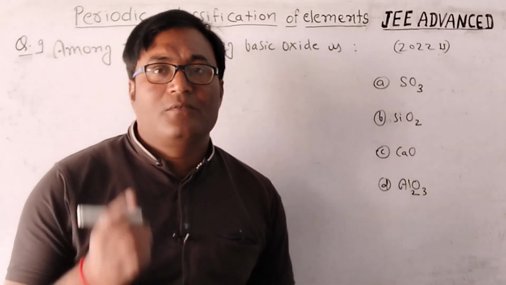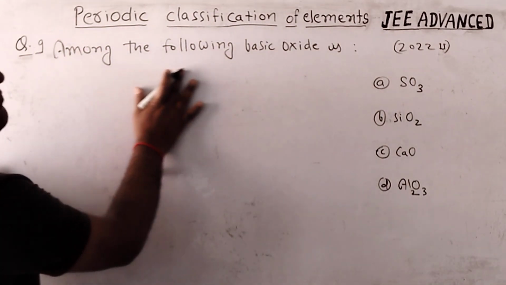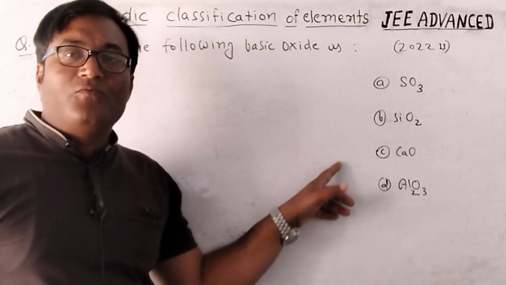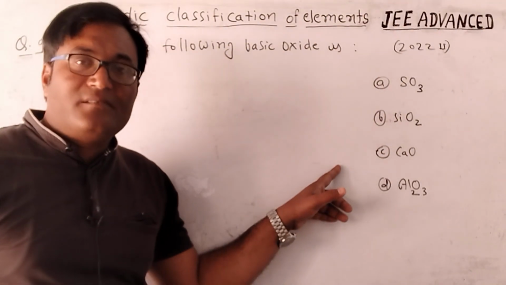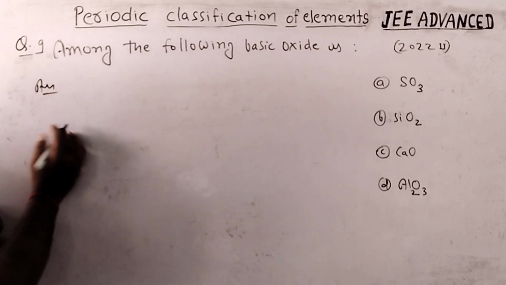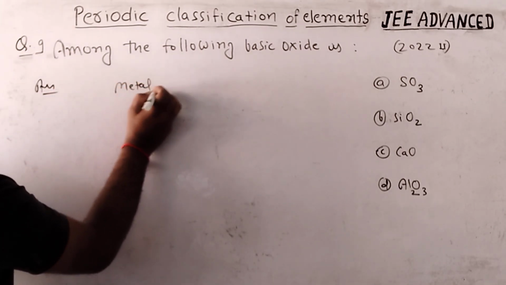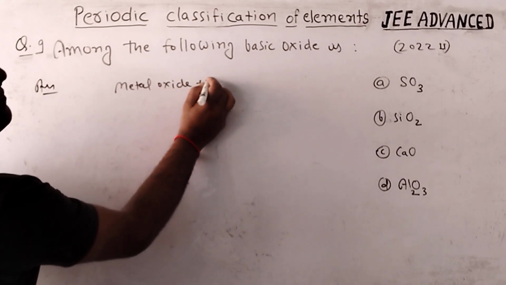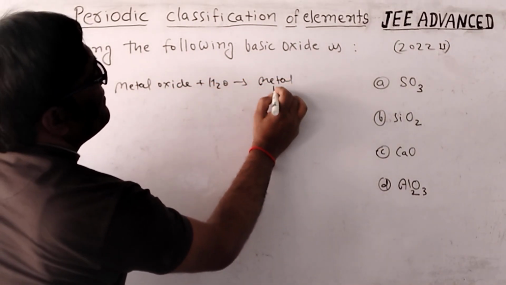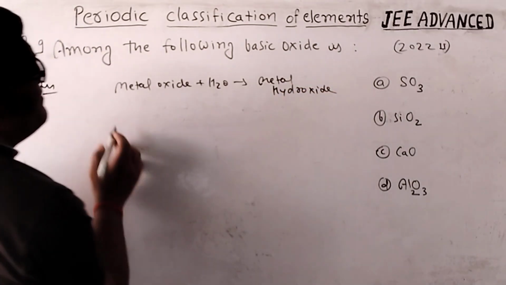Now I am going to solve question number 9. According to question number 9, among the following, which is the basic oxide? 4 options are given. The basic formula is: whenever a metal oxide reacts with water, metal hydroxide is obtained.